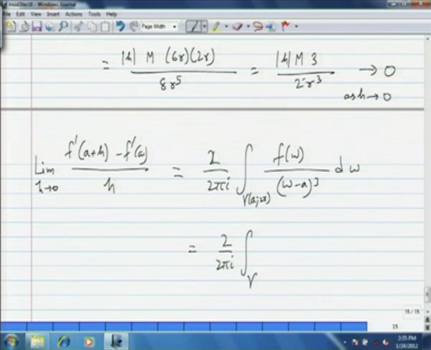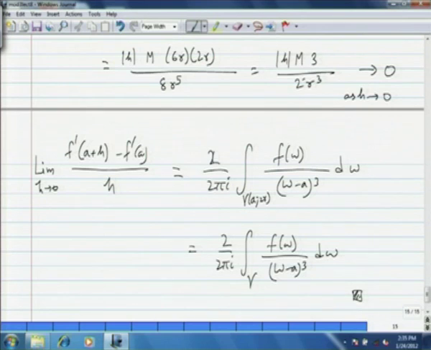Recall by the deformation theorem, or Cauchy's theorem version 3, these two integrals are equal. Gamma was a simple closed curve such that f is analytic on and inside this simple closed curve. So, we have proved this theorem.